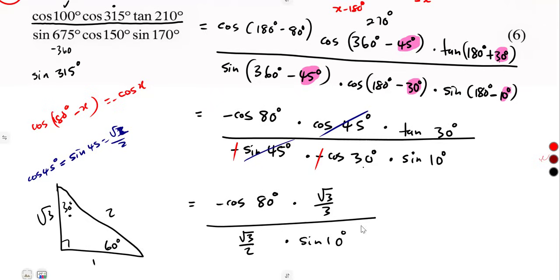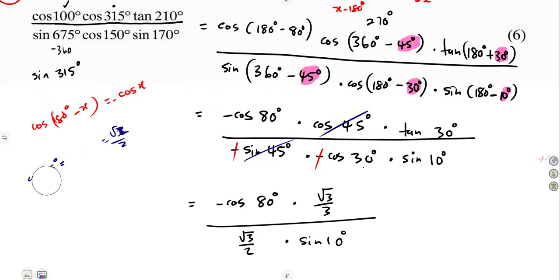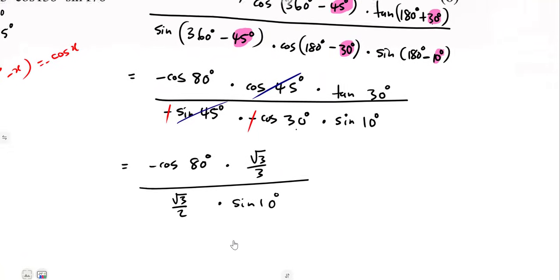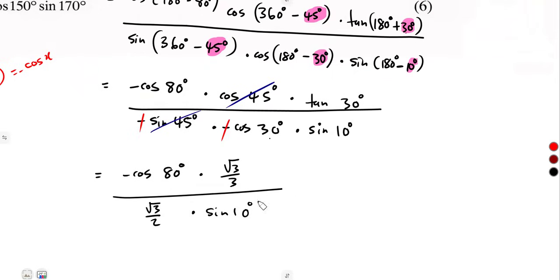These are not special angles, guys. 80 degrees and 10 degrees. They are not special angles, but what is that we can do? We can try to rewrite these in the same manner from our complementary cofunctions. Remember, 80 plus 10 gives us 90 degrees. So it means if these two angles are giving us 90 degrees, they are complementary angles. And from complementary angles, the cos of x is equal to the sine of 90 degrees minus x. So if you've got angle here, this is going to be 90 minus that.